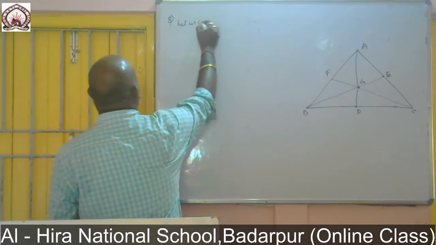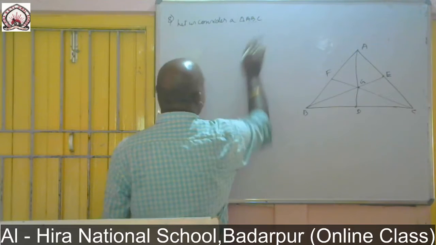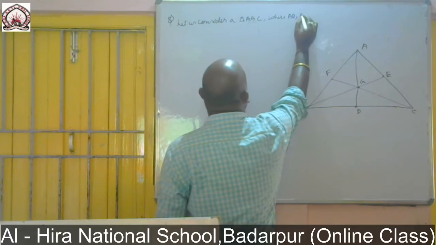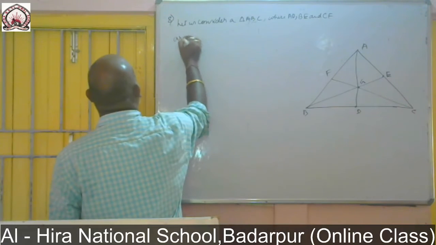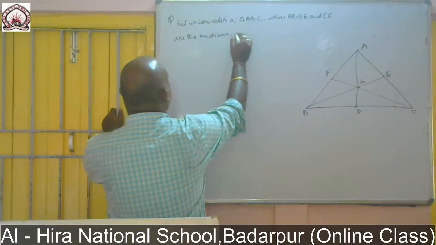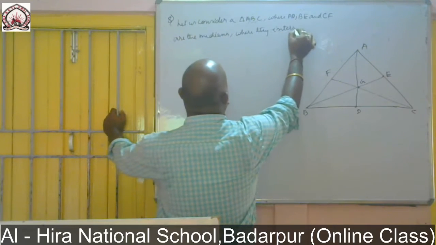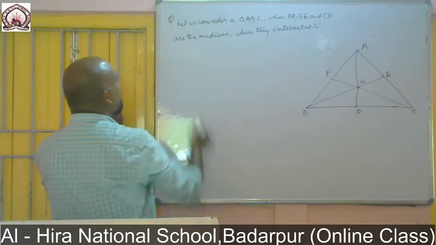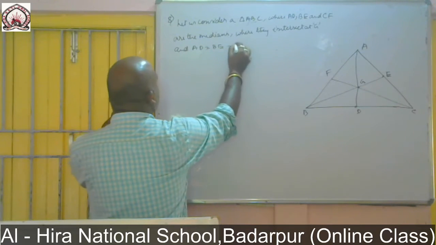So question number 8. Let us consider a triangle ABC, where AD, BE and CF are the medians, where they intersect at the point G. And AD equal to BE equal to CF given.